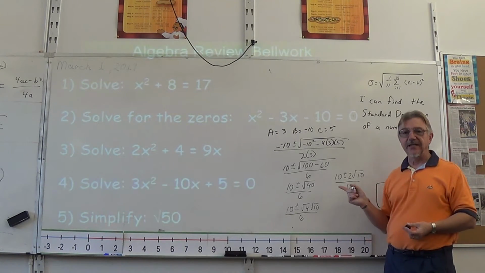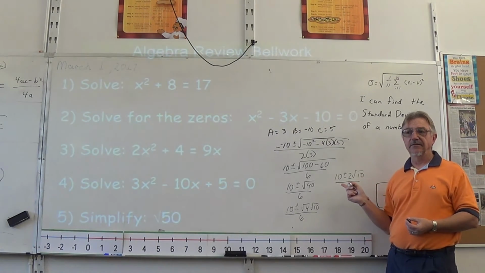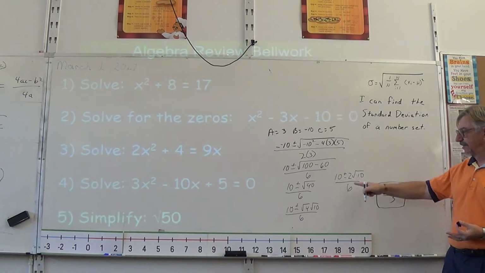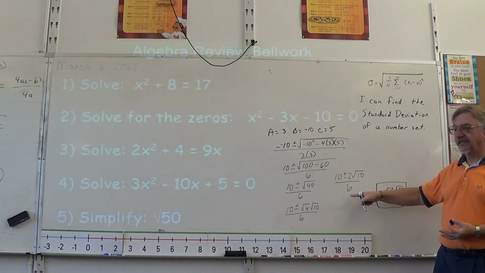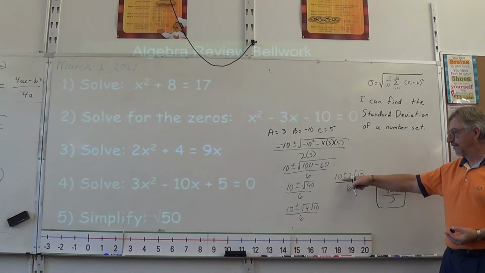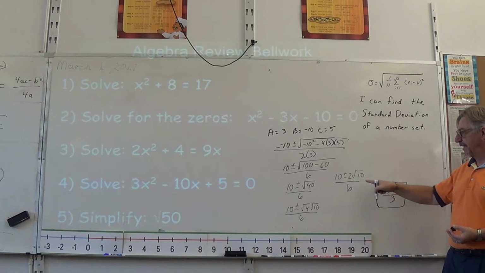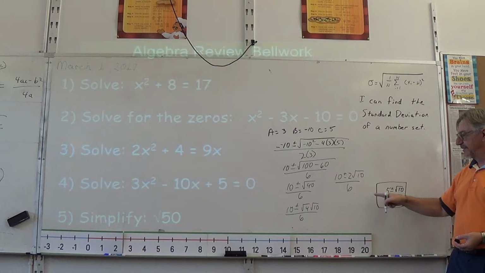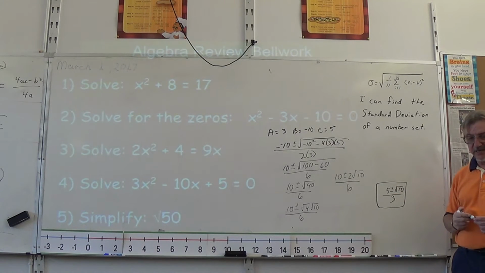So now I'm ready to stop, right? I can still reduce it because 10, 2, and 6 are all divisible by 2. When I do that, 2 goes into 10, I get 5 plus or minus, that 2 goes away, I have the square root of 10 over 6. So 5 plus or minus the square root of 10 over 6.